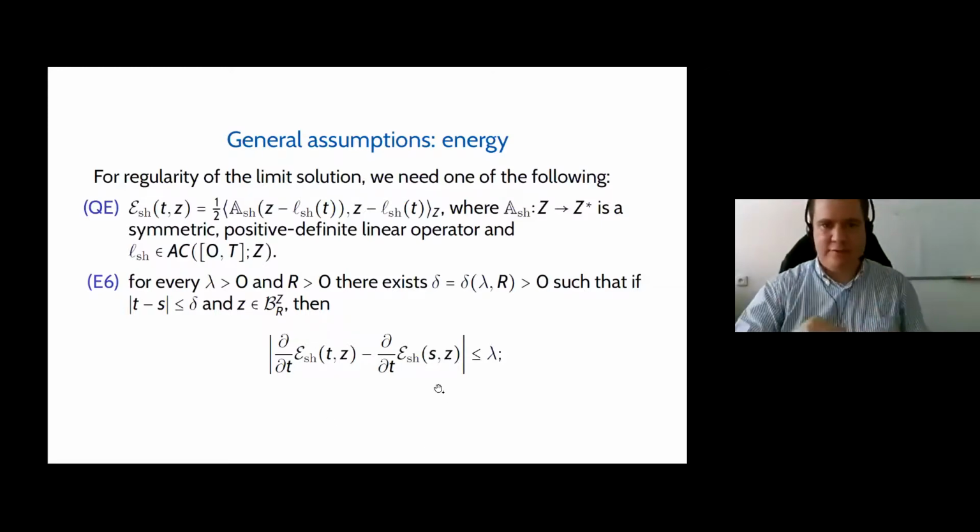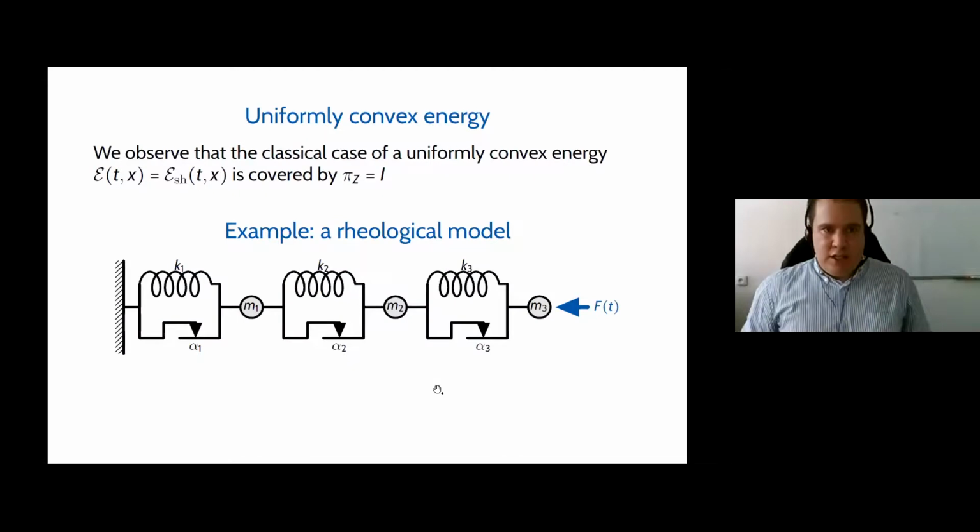So you can have variable behavior locally of the energy, but something very mild. Of course, what you can do is simply take the projection to the shape as the identity and apply the theorem also to the case where the energy is actually uniformly convex.